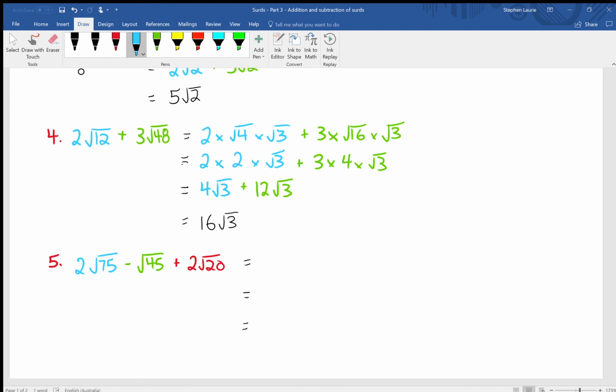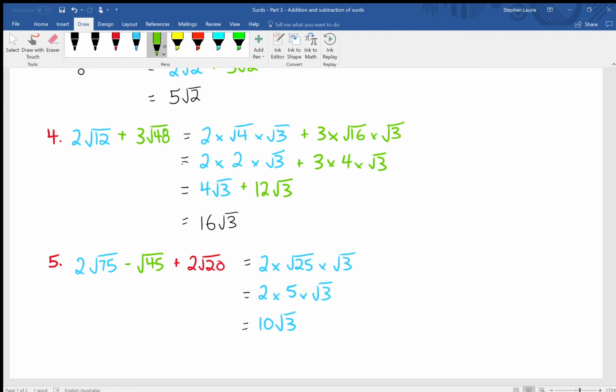The highest square number that goes into 75 is 25, and 25 goes in 3 times. The square root of 25 is 5, and so this part simplifies down to 10 root 3. Let's look at the square root of 45.